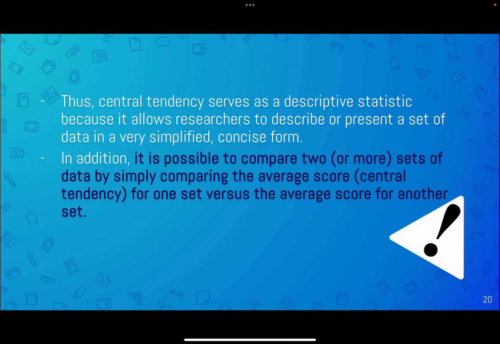Central tendency serves as a descriptive statistic because it allows researchers to describe or present a set of data in a simplified, concise form. It is also possible to compare, right?